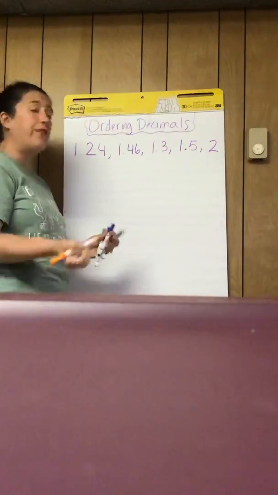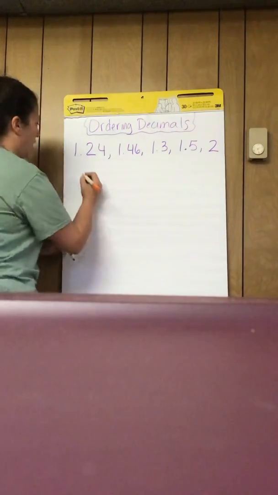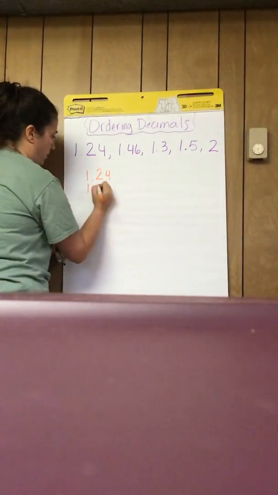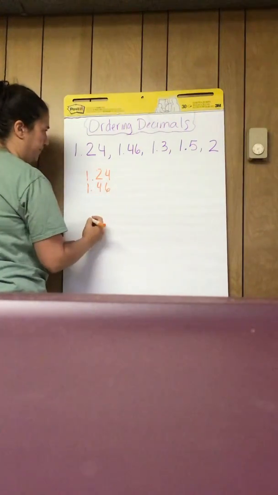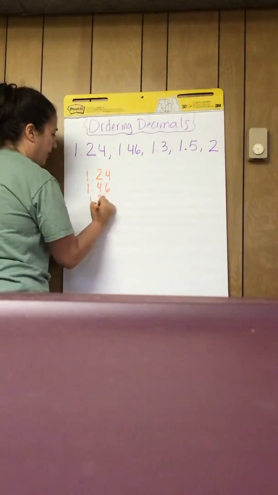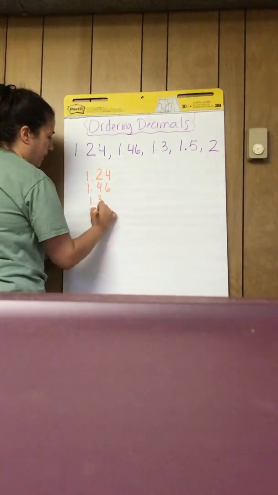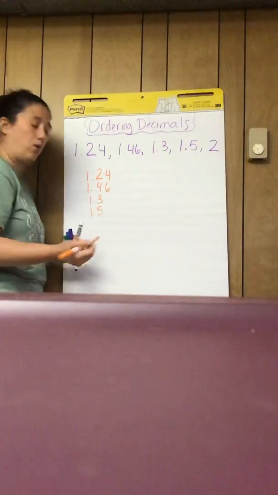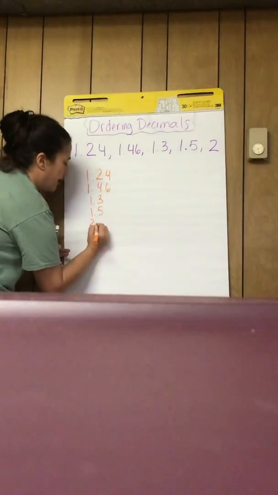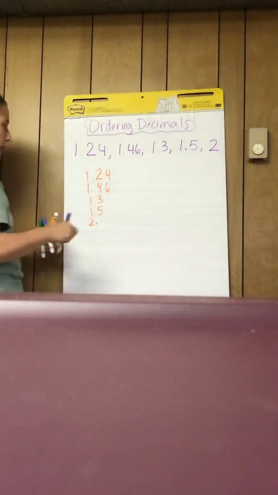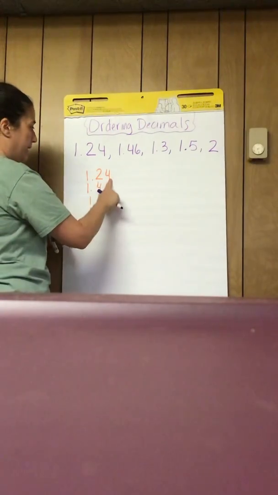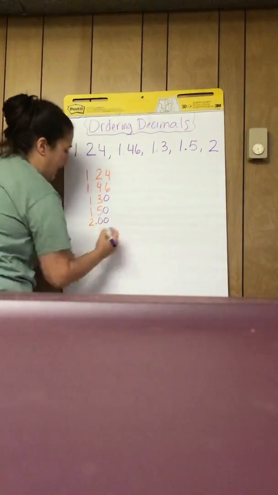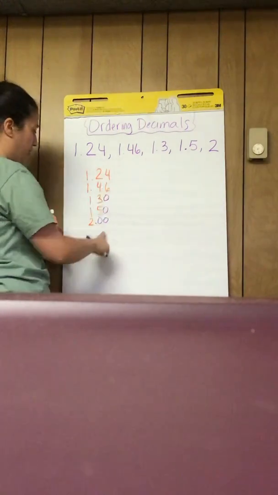The very first thing that you do is line them up. So you have 1.24, 1.46, 1.3, 1.5, and 2. And notice that 2 is just a whole number, so it goes here, and your decimal goes right after. You have to add your magic zeros to make sure they have the same number of digits, and then you can look at your numbers.